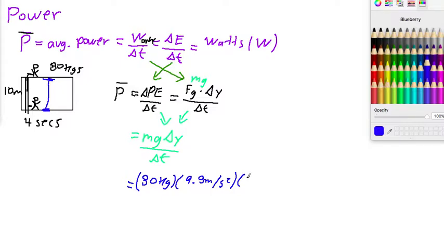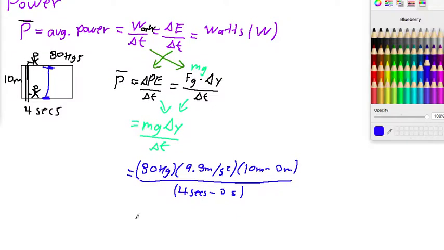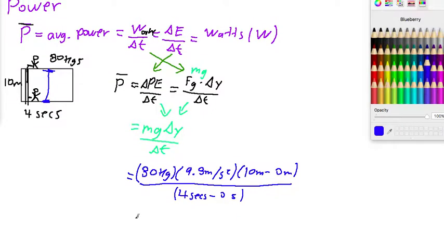So change in height means final, which would be 10 meters, minus initial, which is 0. Change in time, it took 4 seconds, or you can say 4 seconds minus 0 seconds, if that helps you keep track of units and where things are going.